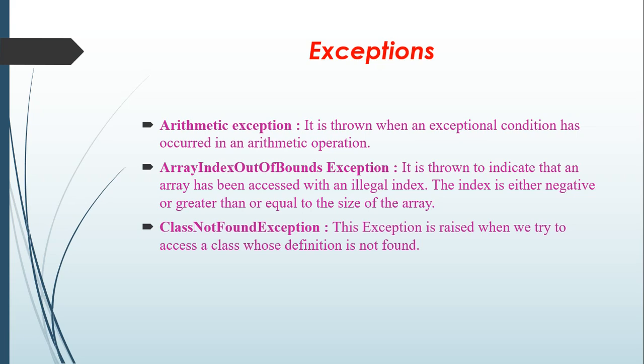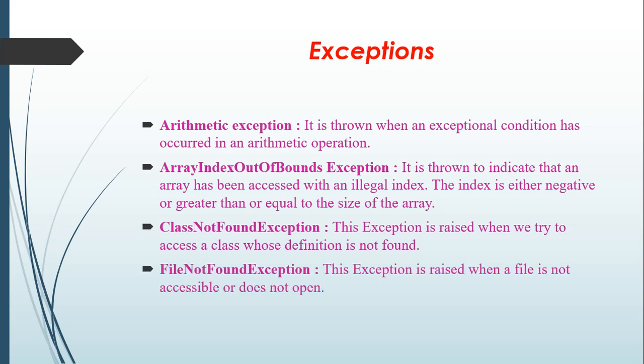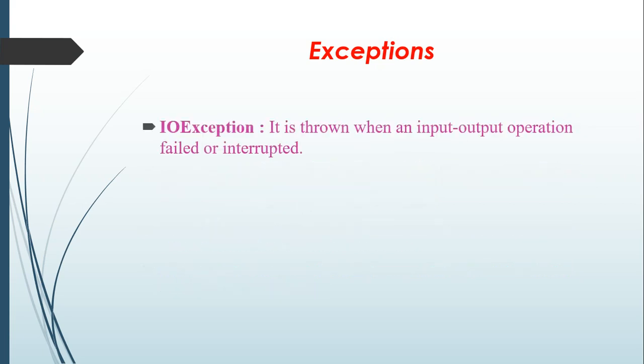ClassNotFoundException. This exception occurs when we try to access a class whose definition is not found. FileNotFoundException, same as ClassNotFoundException. This exception occurs when a file is not accessible or doesn't open. Next one is IOException, that is input output exception.